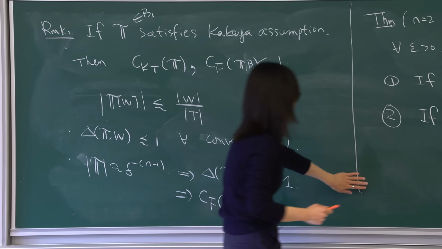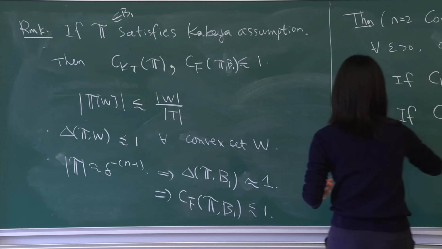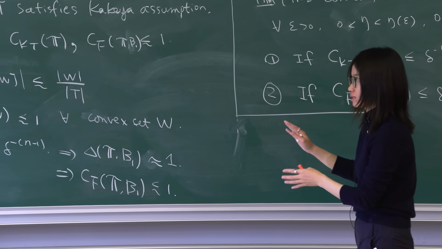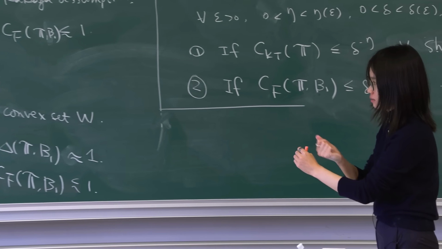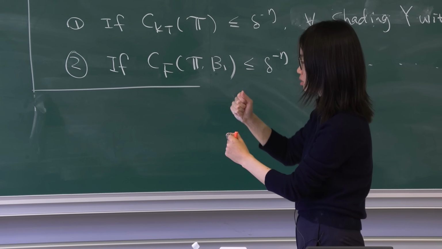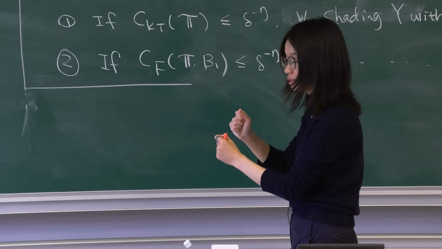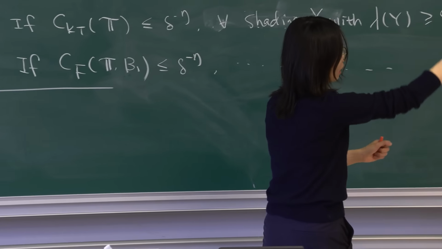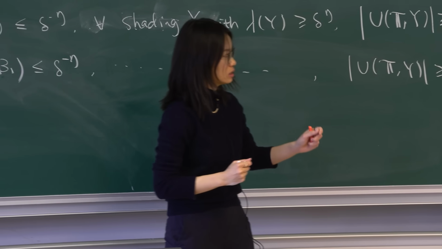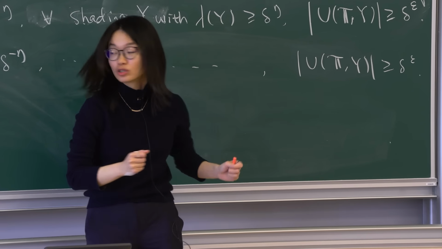Yeah, that's true. Another remark is that previously, when we studied the Kakeya set conjecture, it seemed that the Kakeya assumption, which is one delta tube in each delta-separated direction, was the key definition. But from our notation, this is no longer essential.